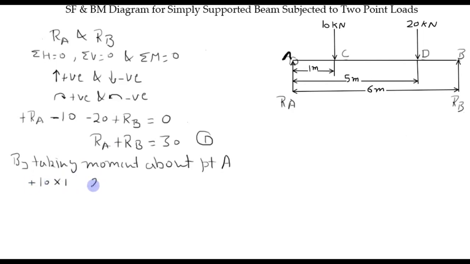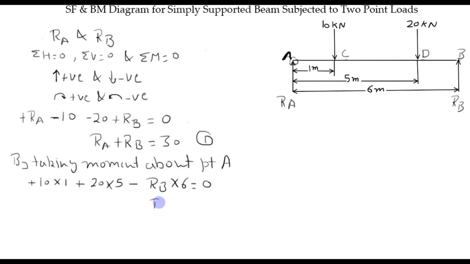Next is 20 kN at a distance of 5 meter, and this tends to rotate the beam also in clockwise direction, positive. And RB is at a distance of 6 meter from point A, and this tends to rotate the beam in anti-clockwise direction, so this is negative. So sum of all these moments should be 0.